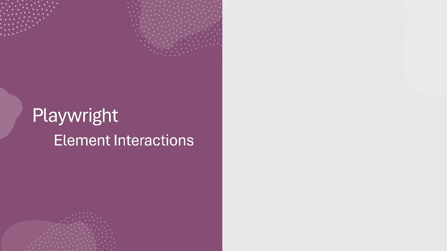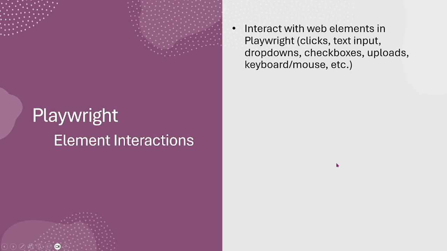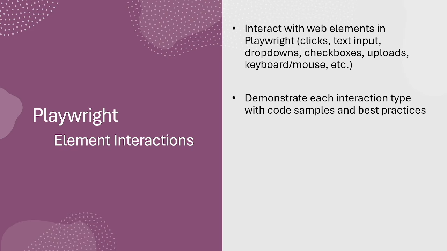Today we'll talk about Playwright Elements Interaction. We'll talk about how to interact with web elements in Playwright: clicks, text input, dropdowns, checkboxes, uploads, keyboard, mouse, etc. Demonstrate each interaction type with code examples and best practices.